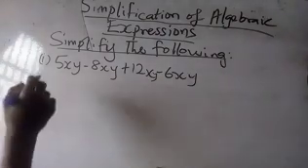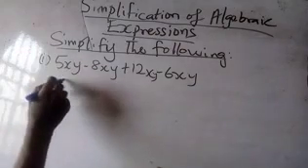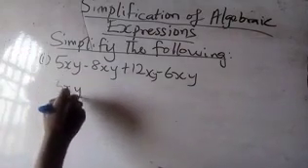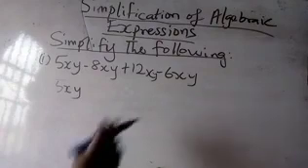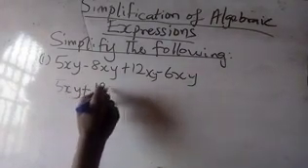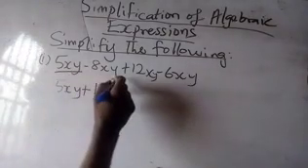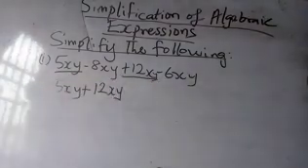Let's take for instance 5xy, which has a plus in front of it, plus 12xy. These are the two having a plus sign in front of them.